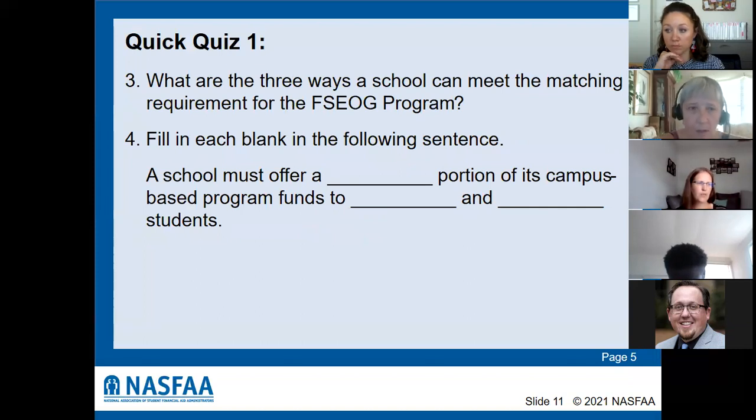What are 3 ways a school can meet the matching requirement for the SEOG program? This is a little bit of a longer answer to put in the chat, but I just wanted to review it again with all of you. The 3 ways they can do it are on an individual student basis, if each recipient received an appropriate ratio of non-federal funds.